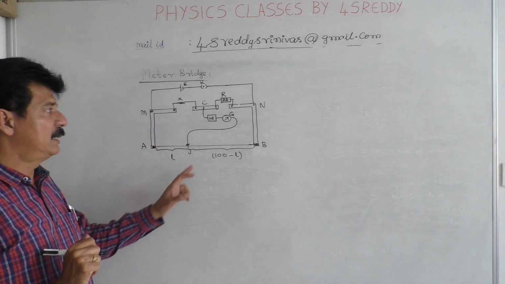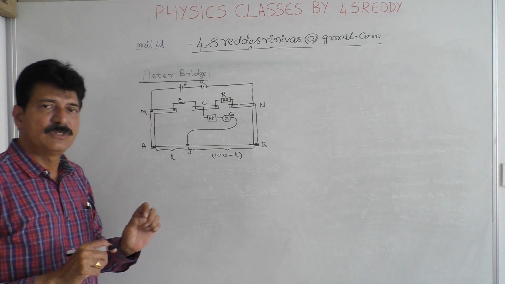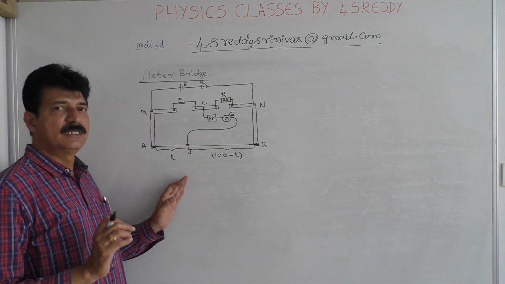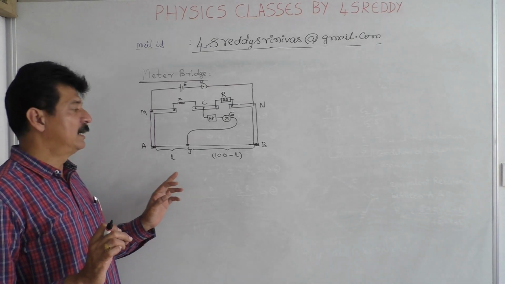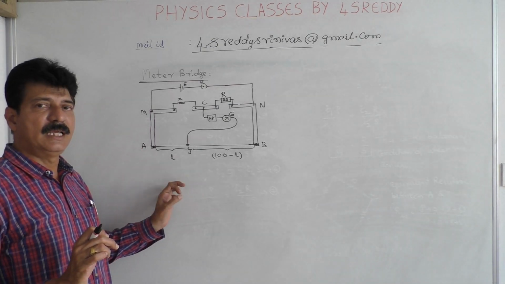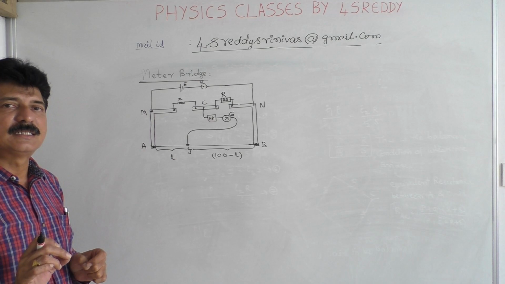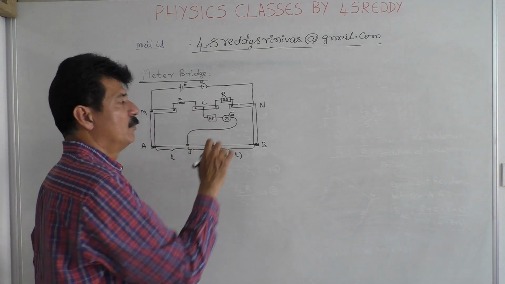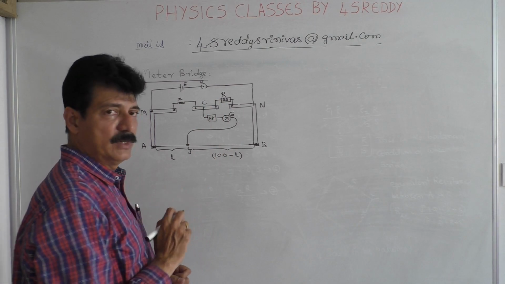At one instant, the galvanometer gives 0 deflection. That means the meter bridge is said to be balanced. Then the distance from A to J is called the balancing length. This we can also write as the balancing condition of this Wheatstone bridge.